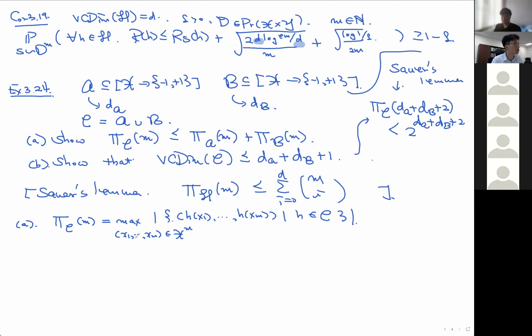That is going to be maximized. Let's write this in vector notation as h of x. But then this C is obtained by the set A union B.